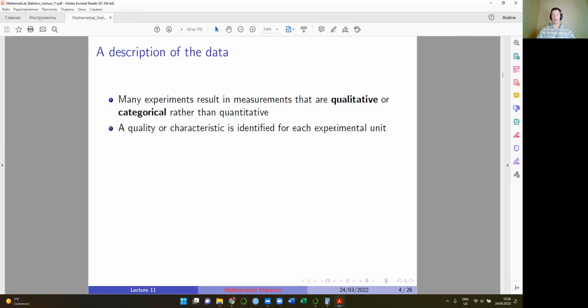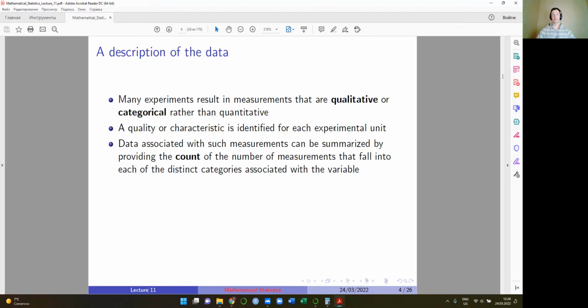A quality or characteristic is identified for each experimental unit. And the data associated with such measurements can be summarized by providing the count of the number of measurements that fall into each of the distinct categories associated with the variable.